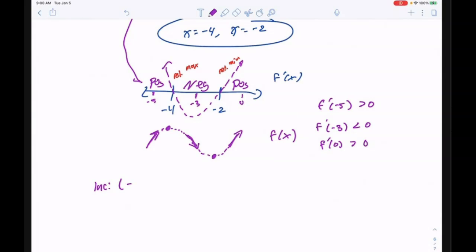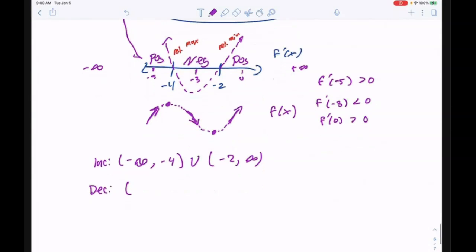Negative infinity to negative 4. Remember, negative infinity is always over here. Positive infinity is always over here. Union negative 2, positive infinity. Decreasing: negative 4, comma negative 2.